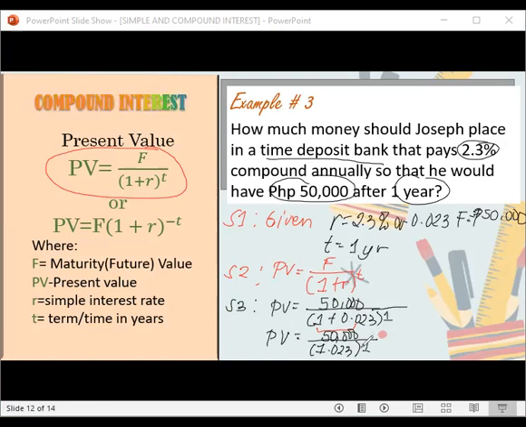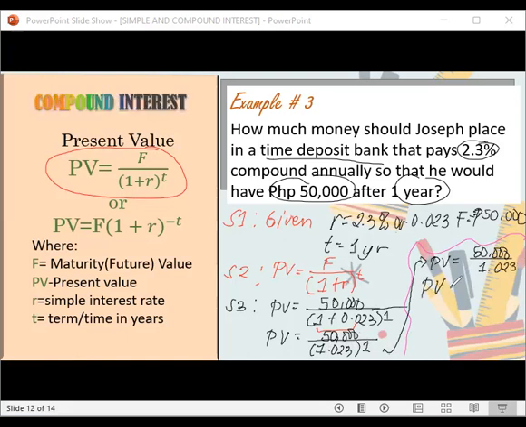Okay, next one. Ano na yung susunod na gagawin natin? Ayan. So, present value is equal to 50,000, copy lang natin. Ang next step ay 1.023 raised to 1. So, the answer is 1.023 pa rin.